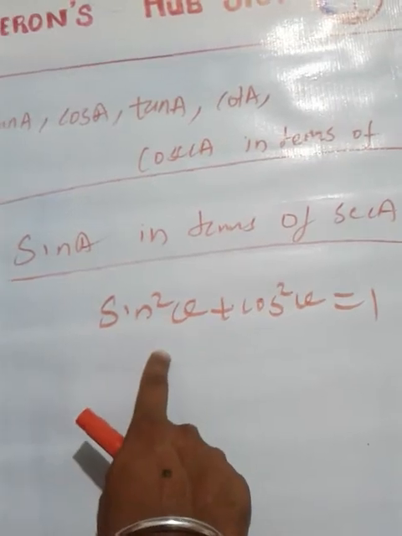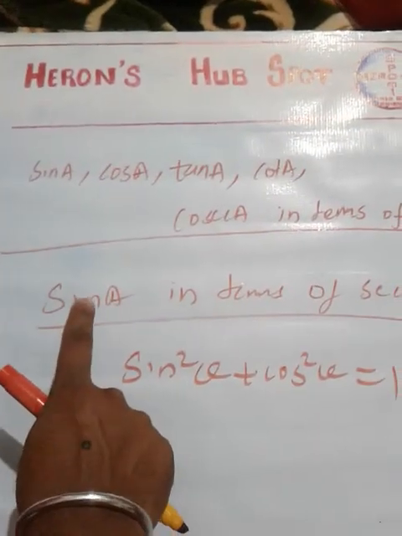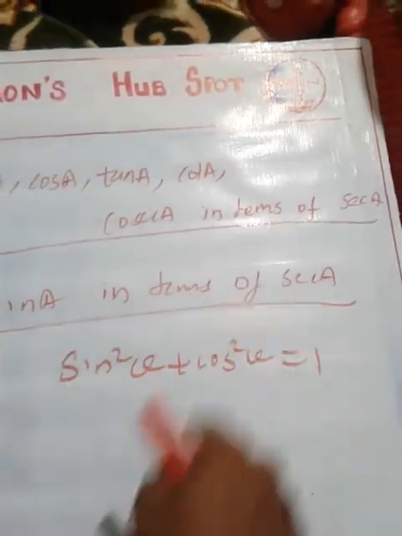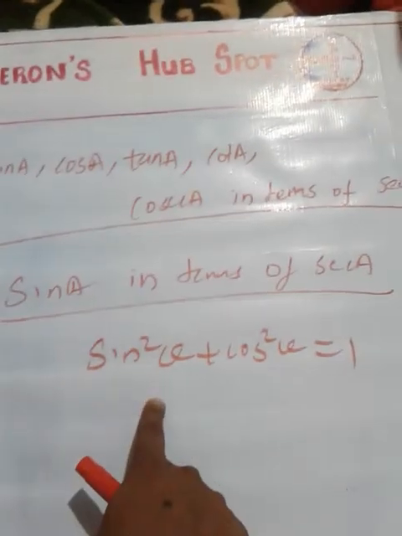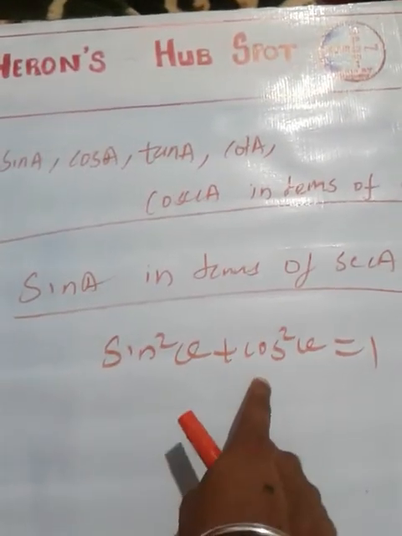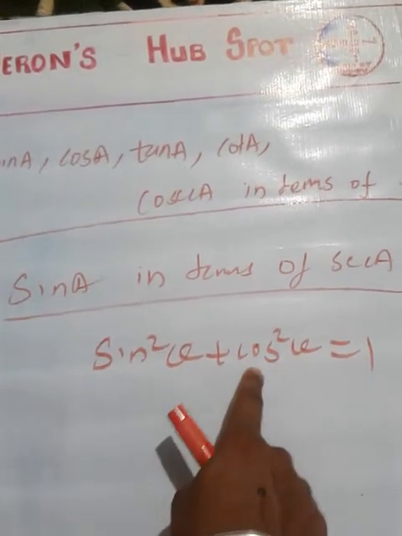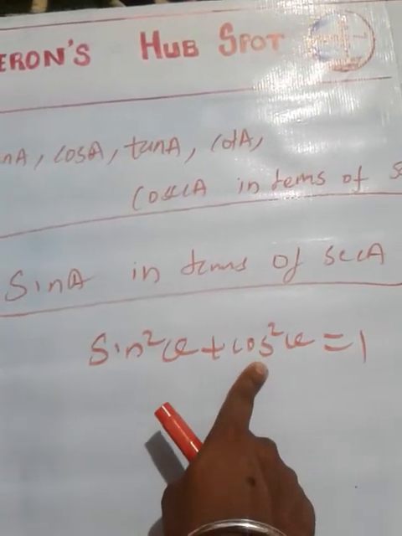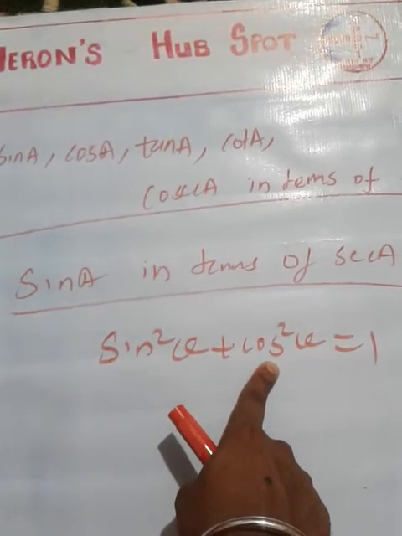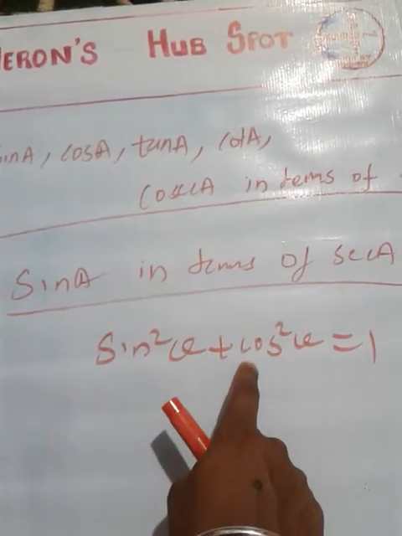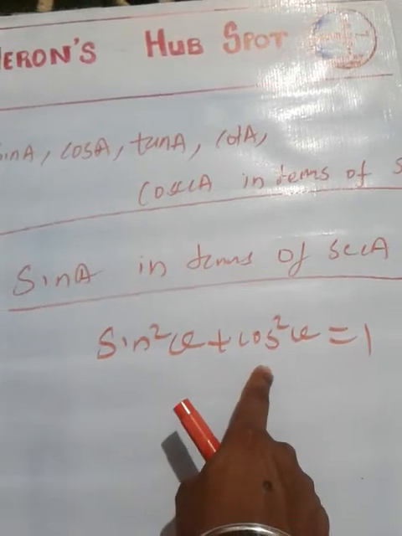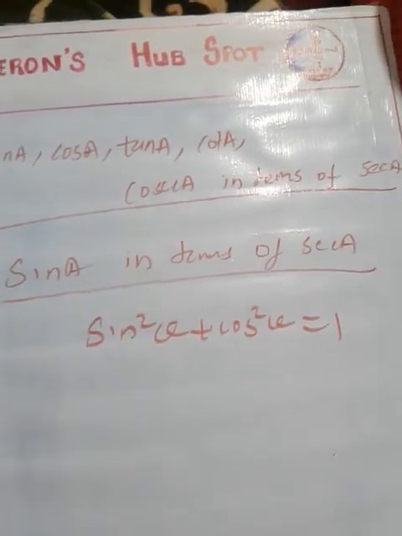Once again I am repeating, the question is we have to relate sin and sec. But this identity is relating sin and cos. But cos is the inverse of sec, because sec is the inverse of cos. So if you are ready to change cos as the inverse of sec, you can relate sin and sec then, isn't it?